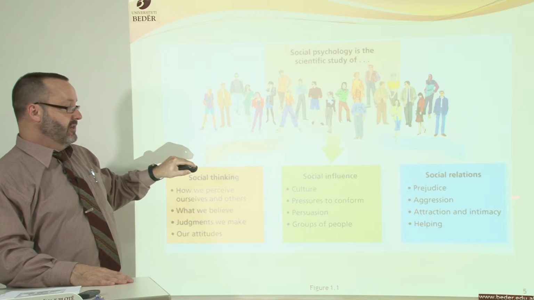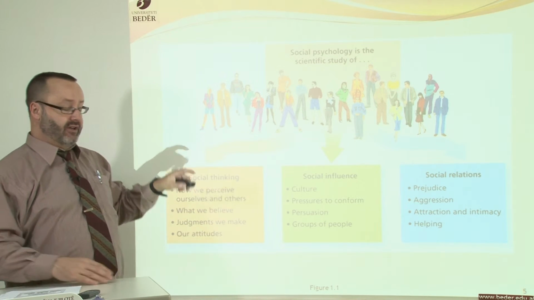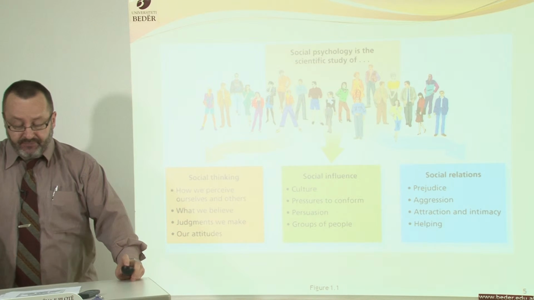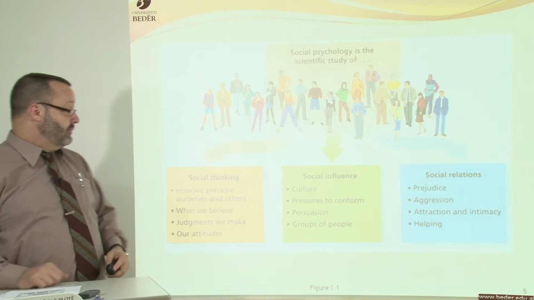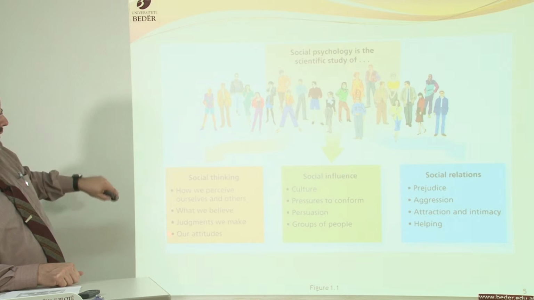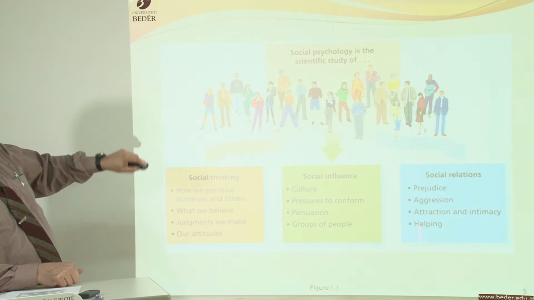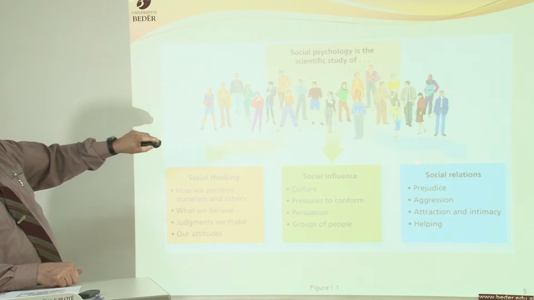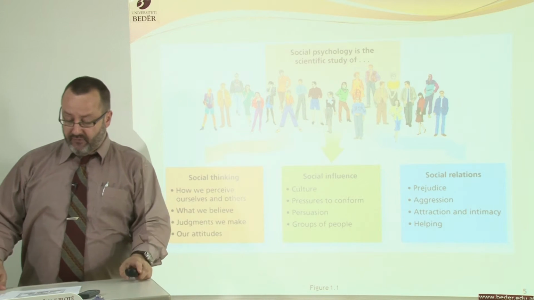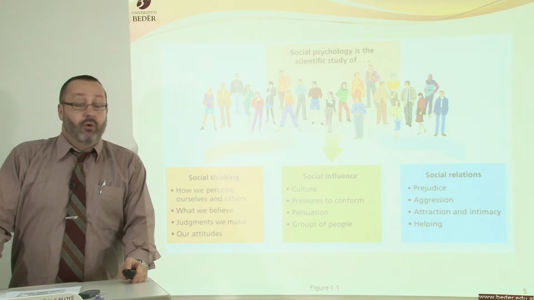You're not born prejudiced, you're not born aggressive, all of those things. And all of these will be developed in the coming slides. I think we have 6 slides on social thinking and 4 or 5 on social influence, and again, 4 or 5 on social relations. So we'll develop these ideas now.